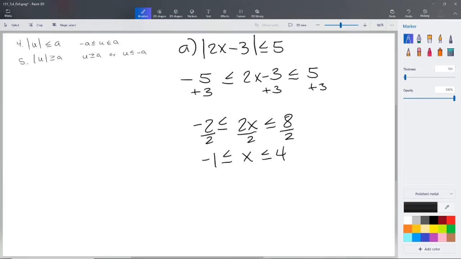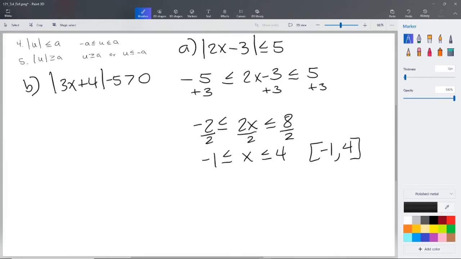We do want the interval notation. Because we have the equals, we're going to have squares. So a square on the left, negative 1, comma, 4 on the right, and a square to finish that one off. And so the answer is somewhere between negative 1 and 4, counting negative 1 and 4. Again, with an inequality involved here, we're going to see an infinite number of answers, and there's an infinite number of answers on this scale.